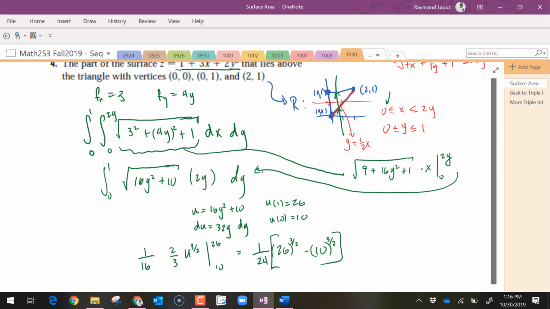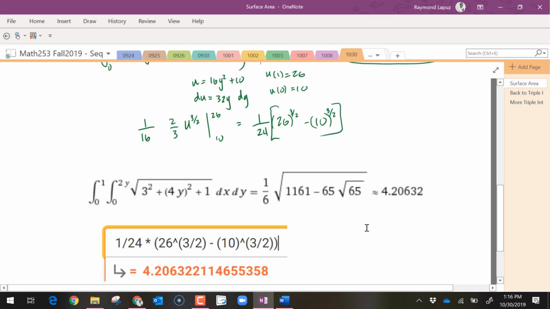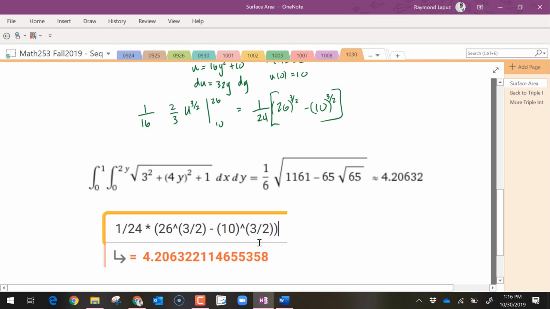And then evaluating from 0 to 2y is 0 to y, so it's just 3y. And then now you can do these substitutions. Easy to do. I even checked it. Well, Wolfram Alpha gave a weird answer, but I checked that answer, and it looks like it's the same.